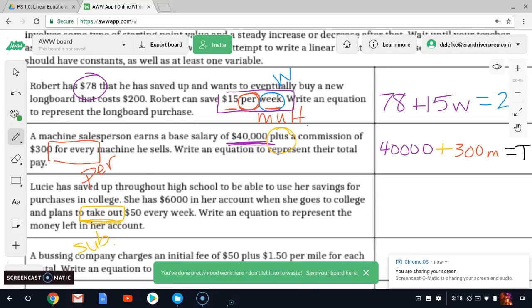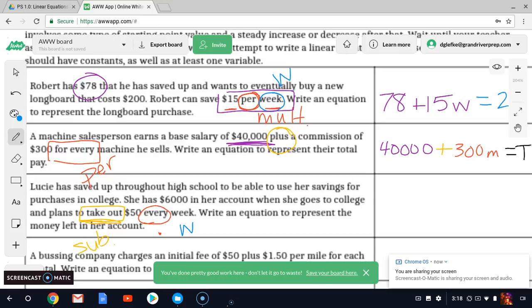Another thing that I notice is we had for every in the one example above this, we have every here. So again, this is the same thing as per, it means multiply. So we're going to be multiplying the 50 by the number of weeks. So we don't know how many weeks, so we're going to use a variable for our weeks. And she starts off with the 6,000.